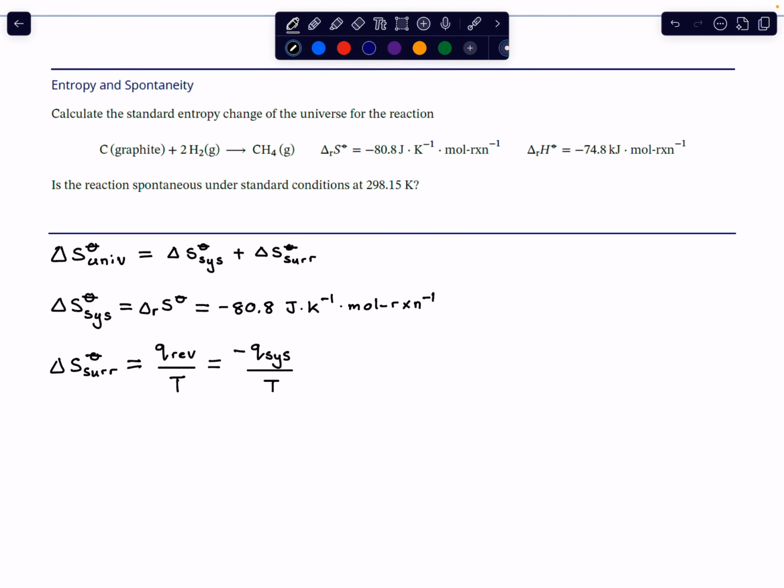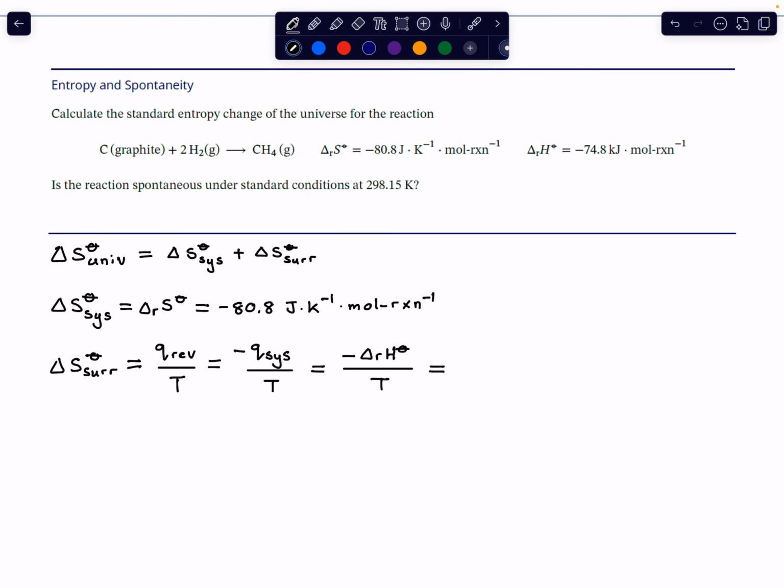And we know that the heat that the system requires or gives off at constant pressure is equal to the enthalpy, right? Because that is the heat of the system. The heat of reaction is called the enthalpy. So in this case, it is equal to negative the enthalpy of reaction divided by T. All right, so we're given the enthalpy.